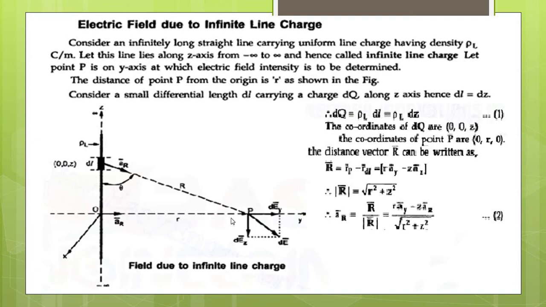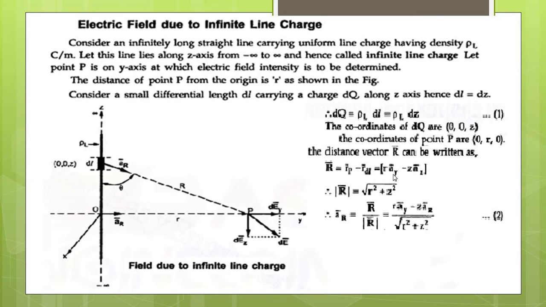Rp is the distance from the origin to point P, and Rdl is the distance on the z-axis from the origin to dl.